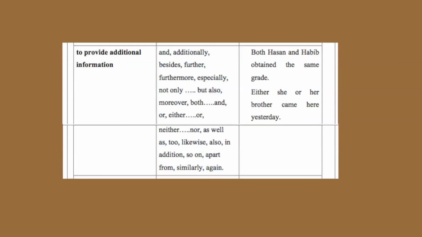I am going to give you an example now. Both Hassan and Habib obtained the same grade. Another example is, either she or her brother came here yesterday. Both and, either or, these are working as the transitions or sentence connectors in the sentences.